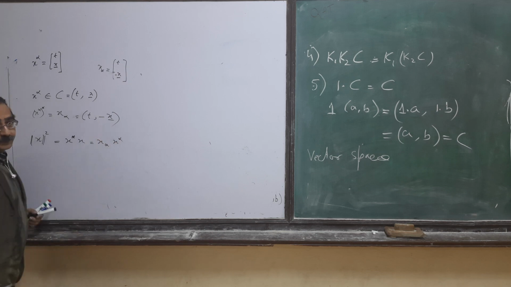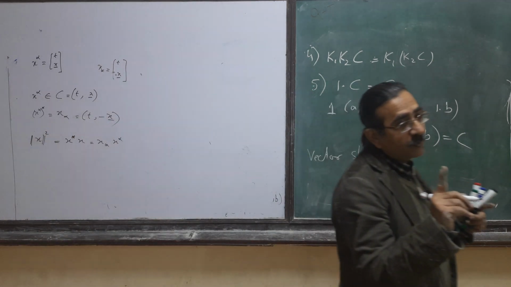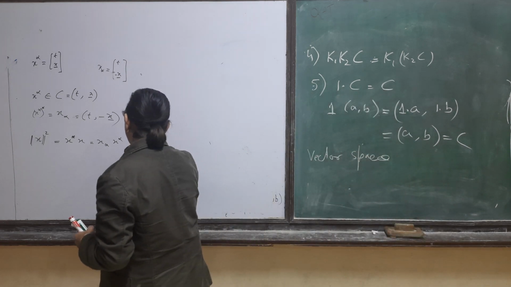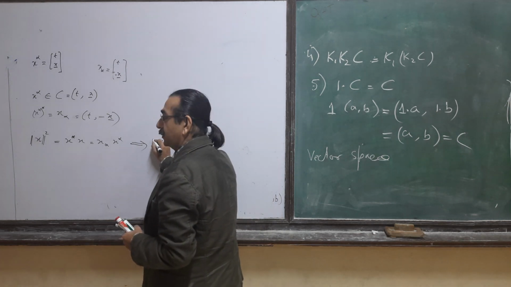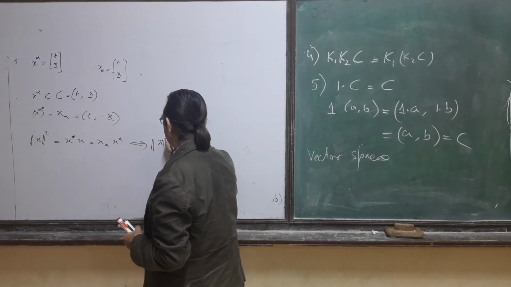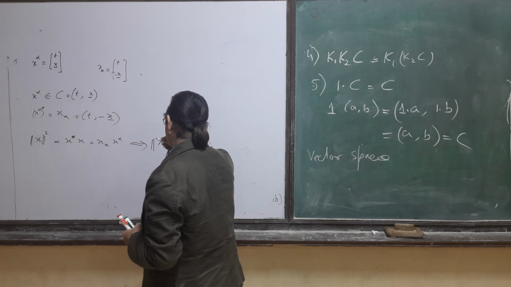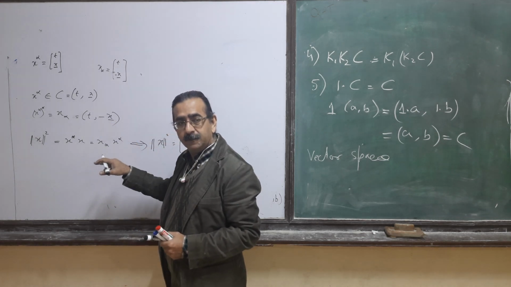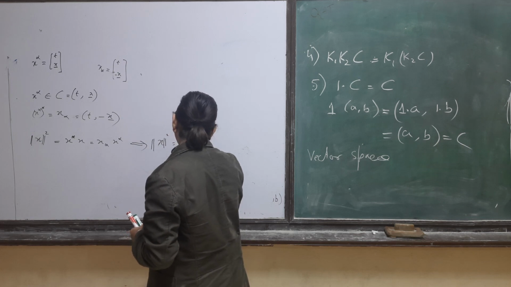If there are only numbers, but if these are matrices, then this will be t minus x.